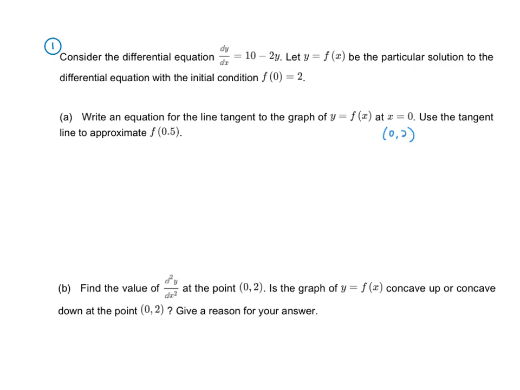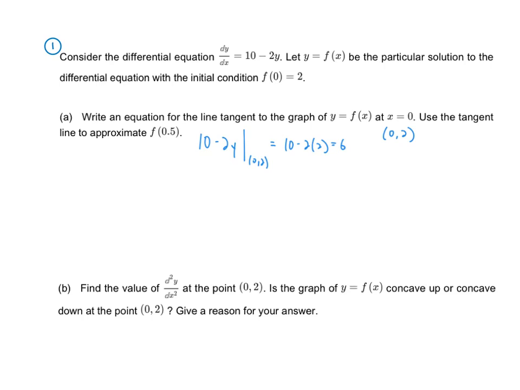So that'll be the main thing to do. We'll take 10 minus 2y, plug in the point 0, 2, which is really only plugging in the y value. And so that's 6.